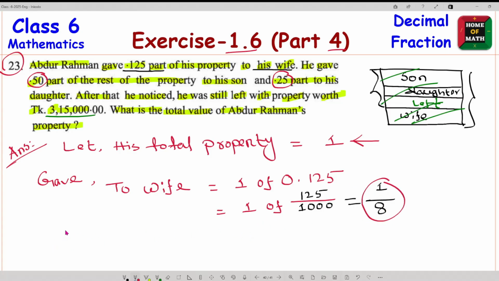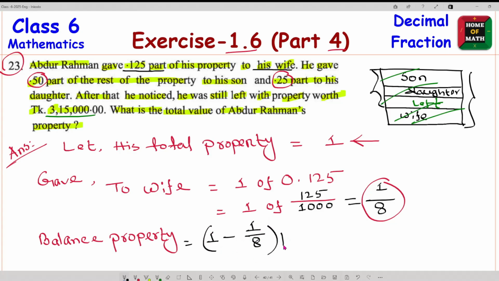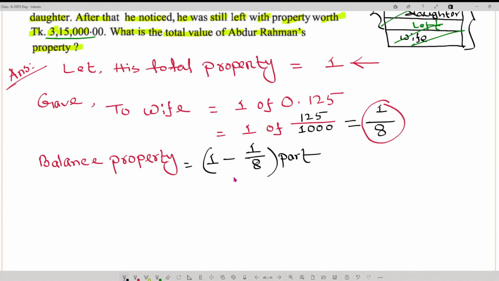It means we can write the balance property, which is 1, the full or total, minus the already given 1 by 8 part. So after this we get the balance property. So here is 8, so 8 minus 1 equals 7 by 8 part.